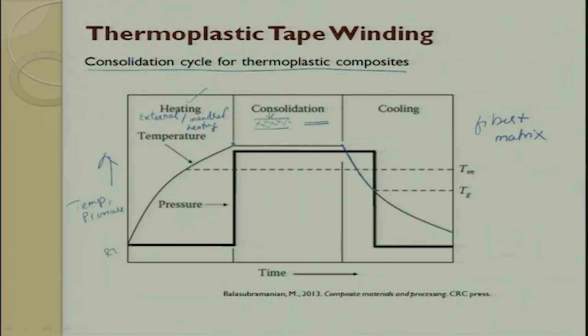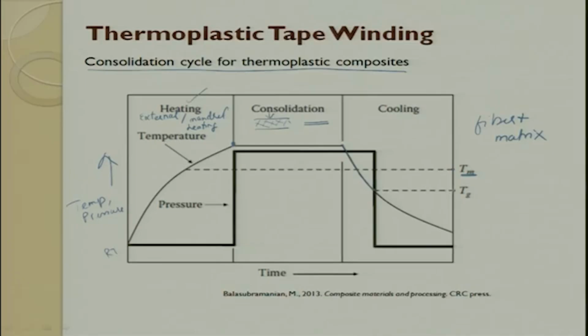So, if you see here, they go very high, above the melting point. So, this is the melting point, they go above. It is not like a complete liquid state, they go slightly above, and then here there is a Tg. Till it reaches Tg, they keep maintaining the pressure, and then the moment it reaches Tg, it starts falling down.